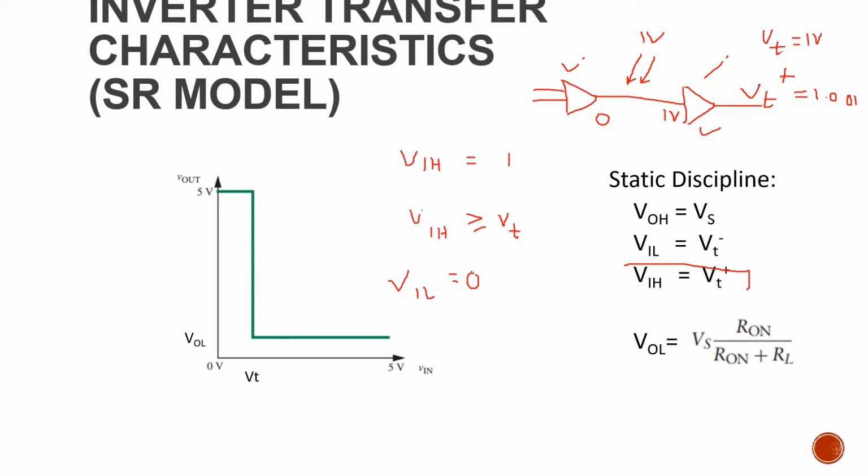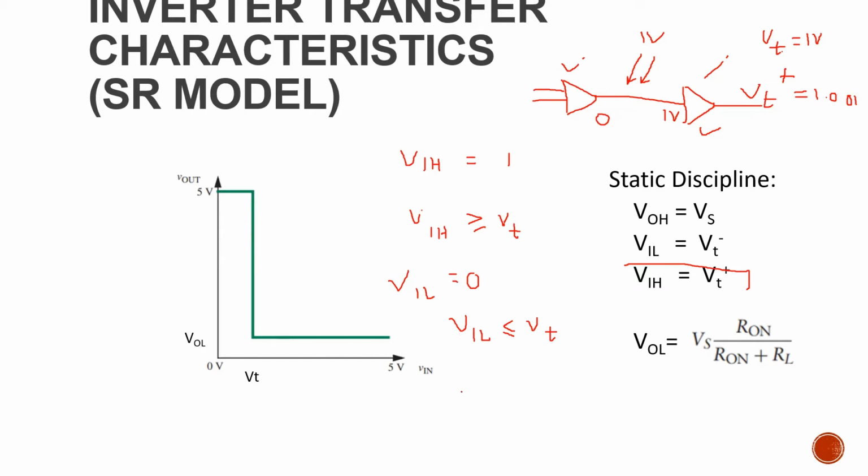If it is logic 0, the device must not become on, right? Hence, the VIL value must be less than or equal to VT. Because if it is equal to VT or more than VT, it can be recognized as logic 1. But VIL is the max voltage for logic 0.